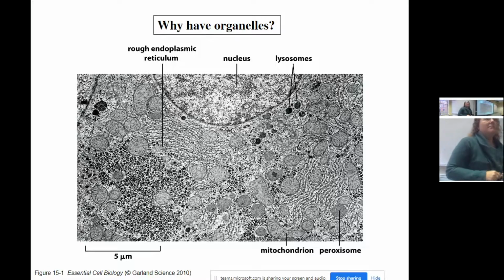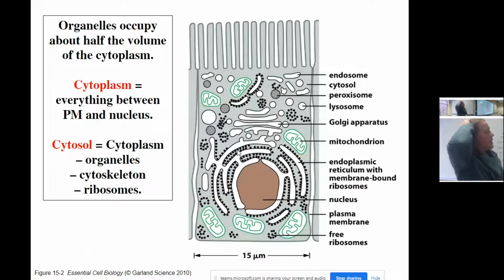It's kind of like having a house with multiple rooms, and some rooms are specialized to do certain jobs, and not every single thing that takes place has to be in the same room. But having organelles means you have to get all the different proteins sent to their correct location. So it adds complexity of function, but it's also a little bit complicated for the cell to get proteins to their correct location.